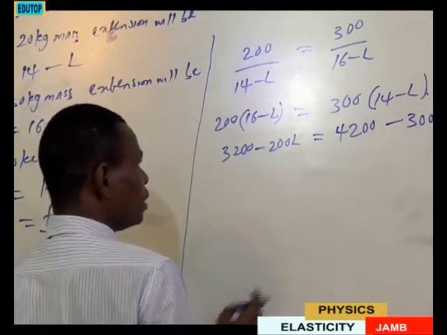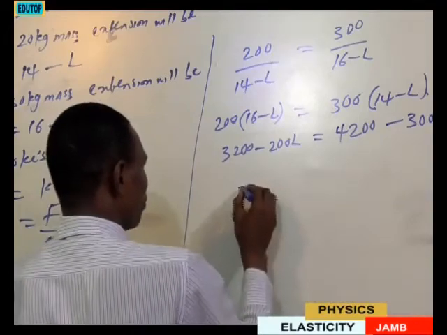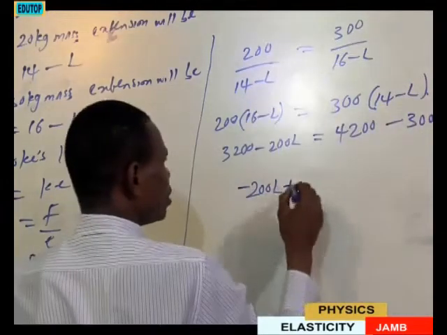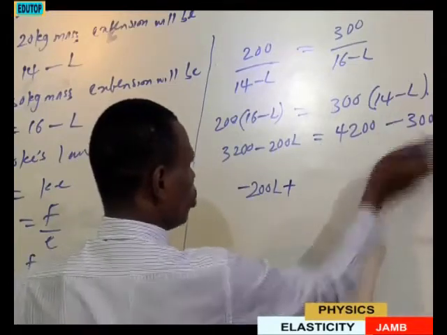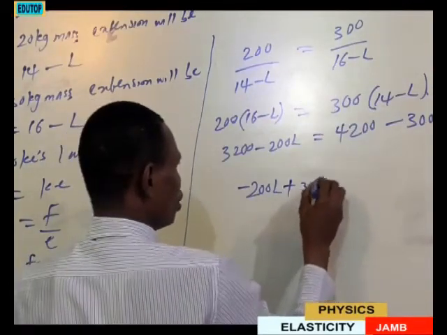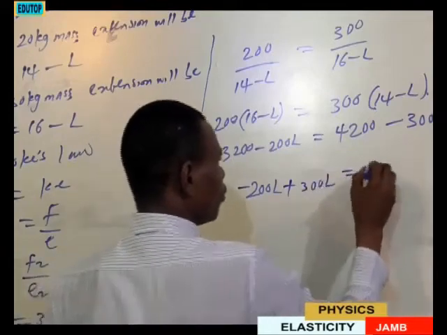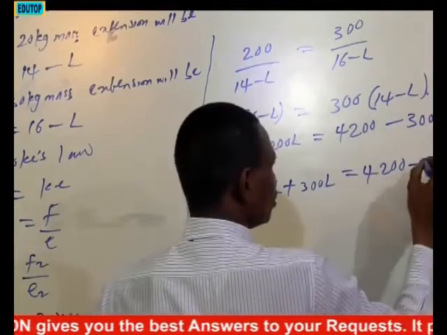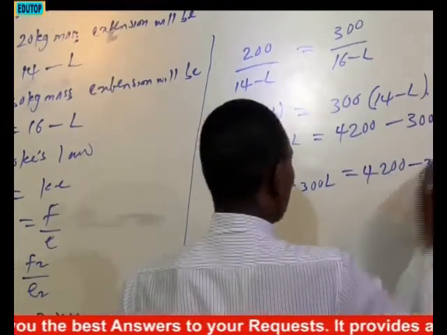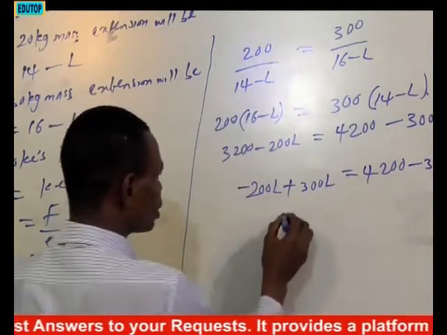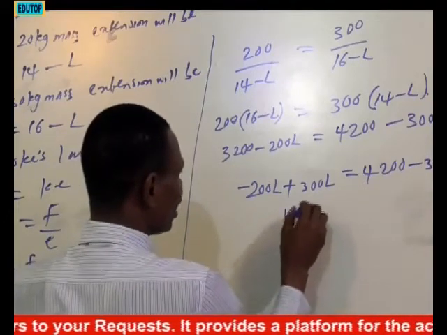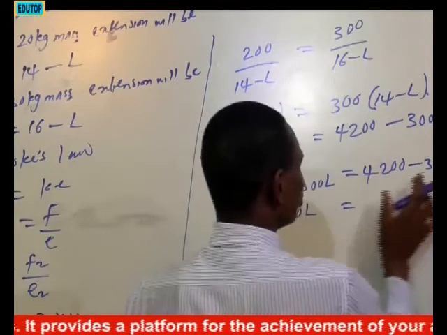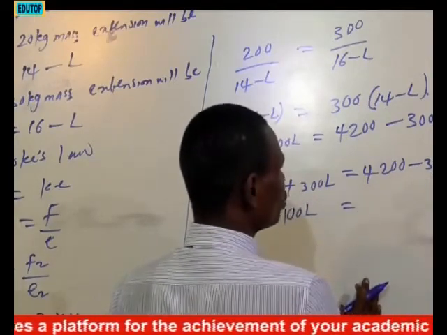Let's take the like term. Minus 200 L, plus, this minus will become plus, 300 L, 4,200 minus 3,200, and this one will give us 100 L. It will be equal to, and you subtract 3,200 from 4,200.